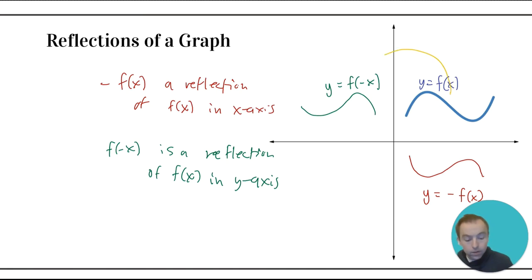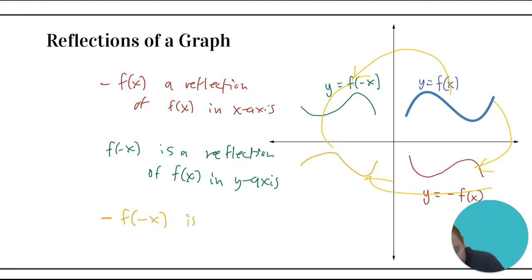So if you take this graph and you reflect it sideways, and then if you take this graph and you reflect it upside down, it would create a graph that would look something like that. But it would also be the same thing as if you flipped it upside down and then sideways, right? So it kind of does both of those things of reflecting in the x and reflecting in the y, which then means that if you have negative of f of negative x, then that is going to be both a reflection in the x-axis as well as in the y-axis, okay?